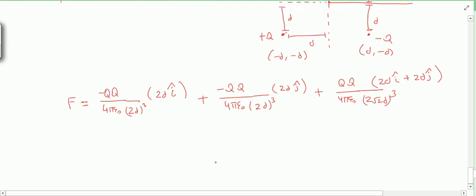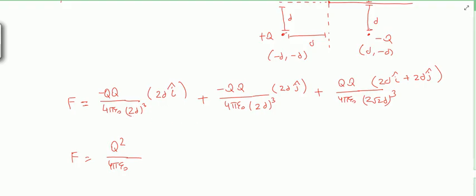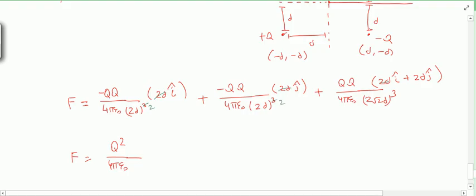Now I have to just take a few things common. Here you can take q squared by 4 pi epsilon naught common, and the 2d in some places gets cancelled. Here this 2d will make this power squared, here this 2d will make this power squared, and here also I can take 2d common and take 2d out.